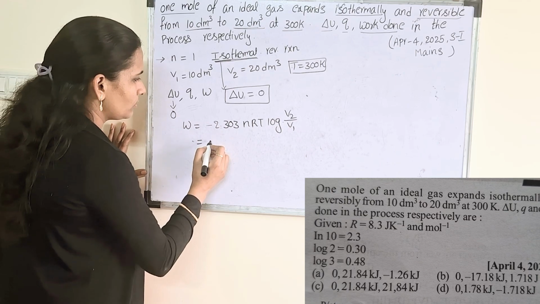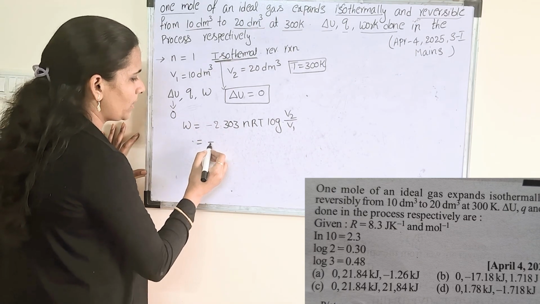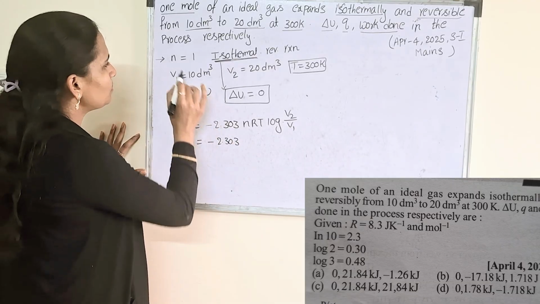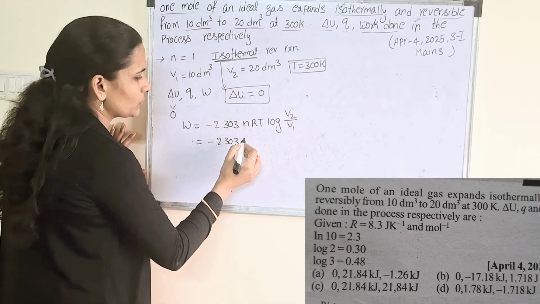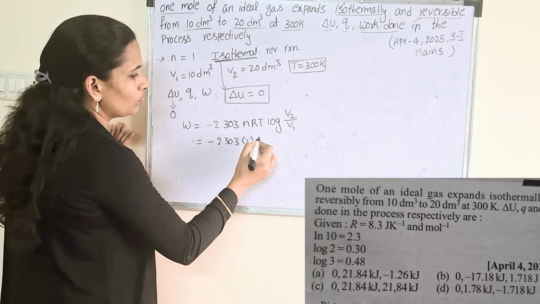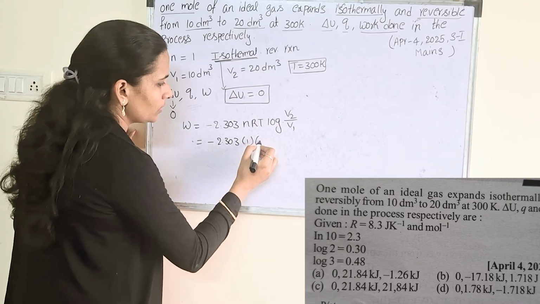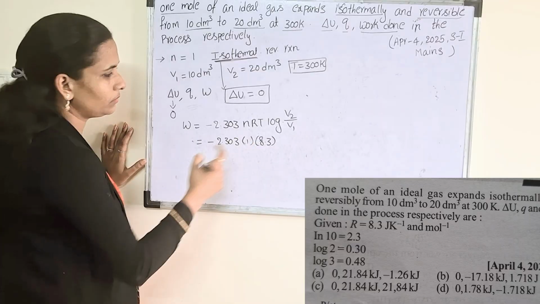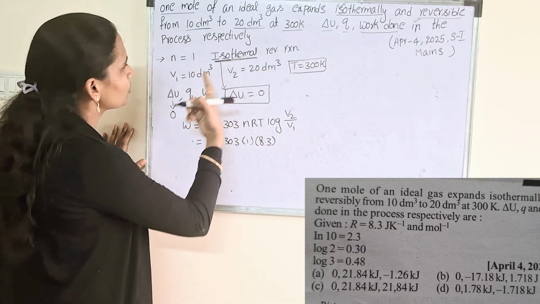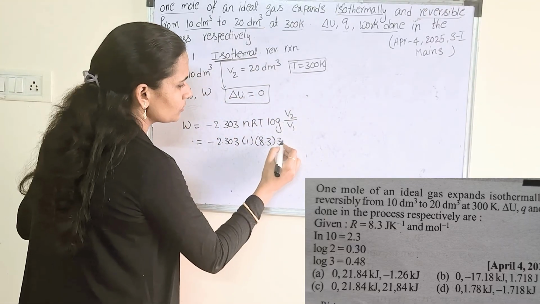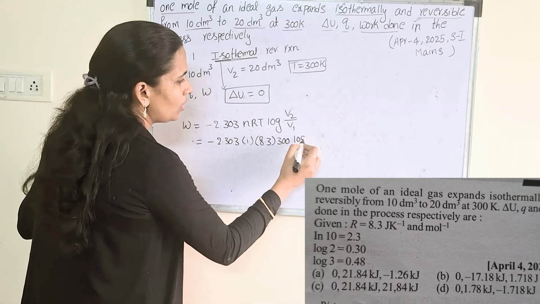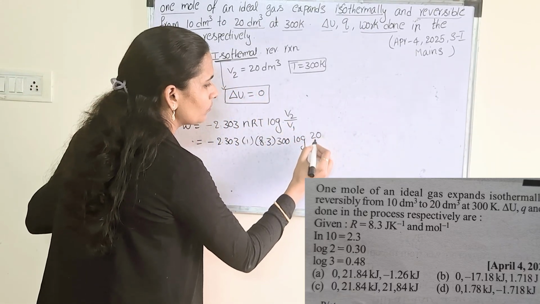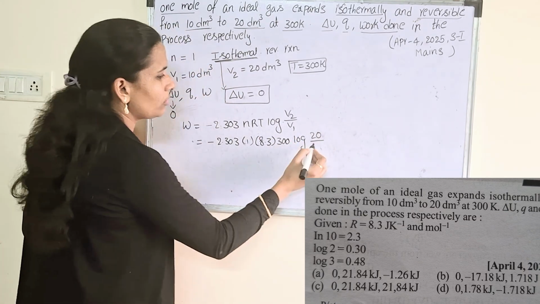Now substitute all the values. Minus 2.303, n means number of moles, they gave 1 mole, so 1 into R value, that is 8.3 joule. Next, temperature is 300 Kelvin, so 300 into log V2 by V1. Final volume is 20 by initial volume 10.